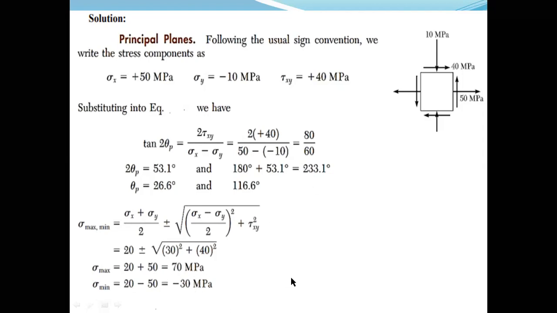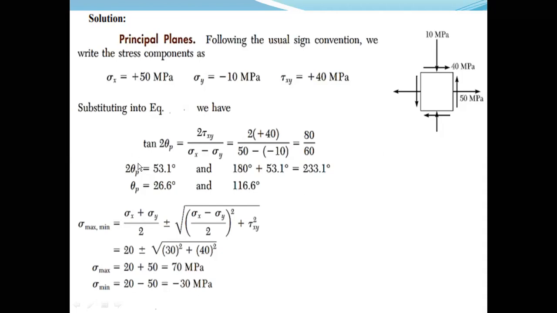Okay, and this is how we need to solve. So just to reiterate, basically you are given a 2D block of rock mass in which the normal stresses and the corresponding shear stresses are acting, and you are asked to find out the angle made by the failure plane in which there will be maximum and minimum normal stresses acting on it.